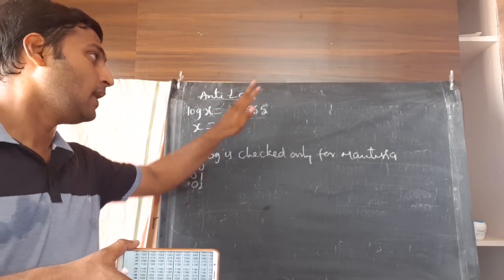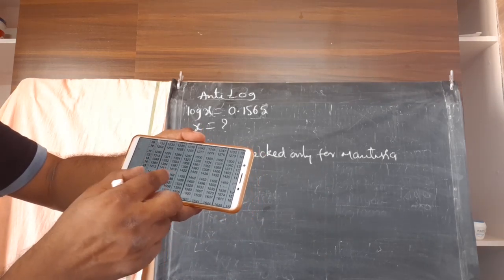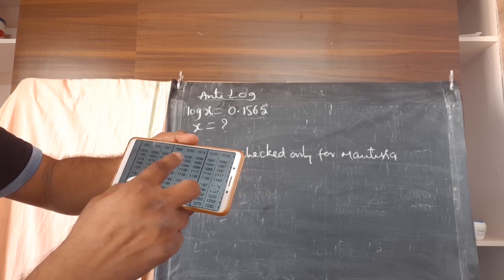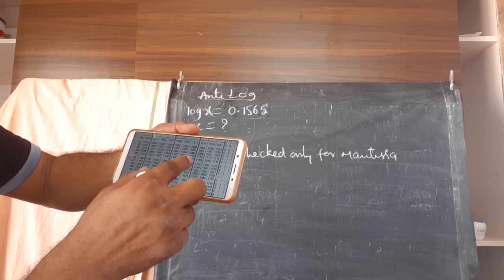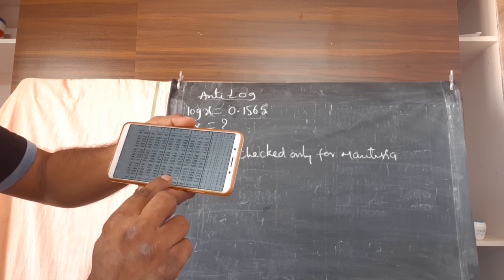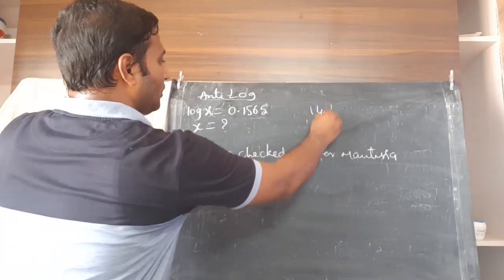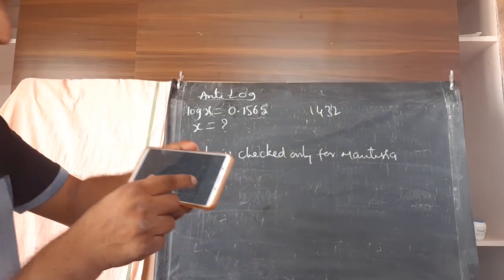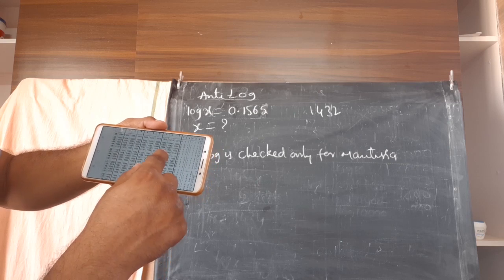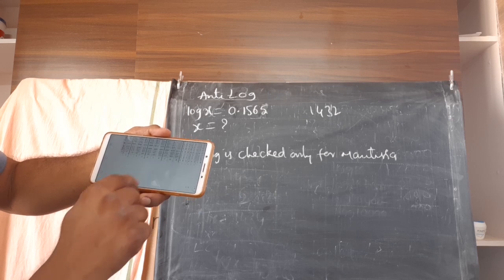0.15 under 6 plus mean difference 5. So, let me check 0.15 under 6. I might have to scroll it down a bit. 0.15 under 6, I have 1432 clearly. So, let me note down 1432 this side.